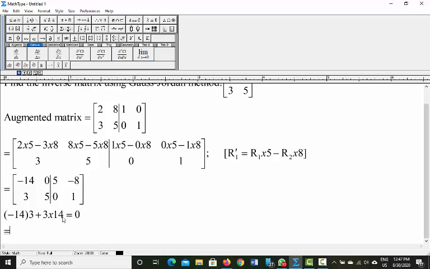So what should be the formula? This way you can do some rough work in the exam to find out the formula to convert an element to 0.